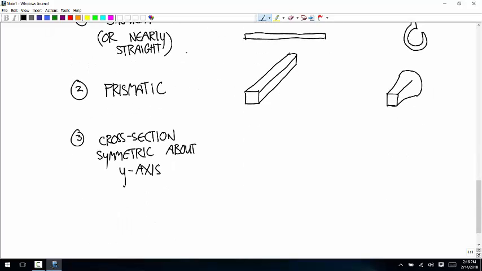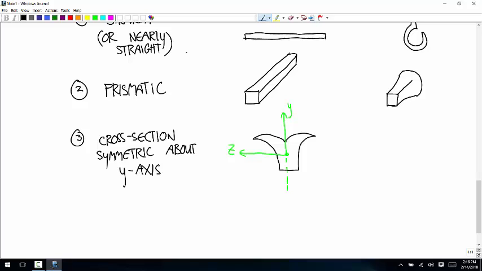So we can do shapes like this, because this is symmetric about the y-axis. The z-axis would be this way.